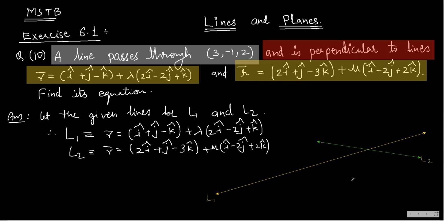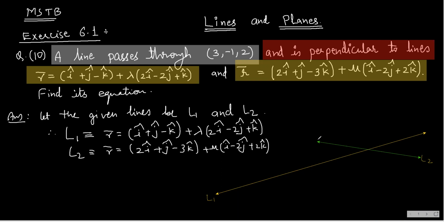Now these two are not parallel lines, but we can't say whether they are intersecting or not. They might be skew lines, that is, one over the other. But we are not interested in that part. These are simply two lines which are not parallel, that is for sure.